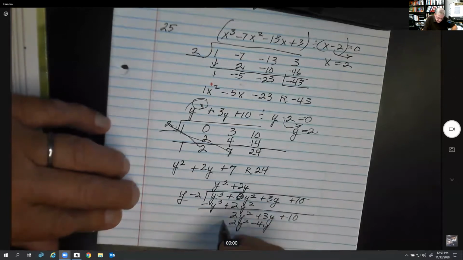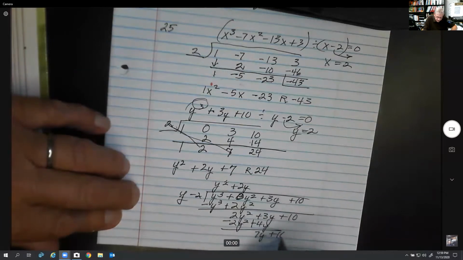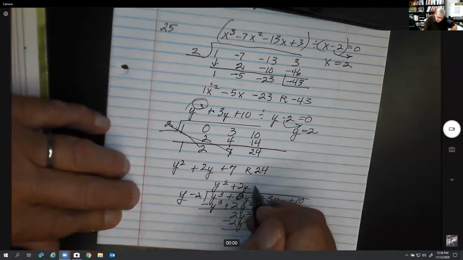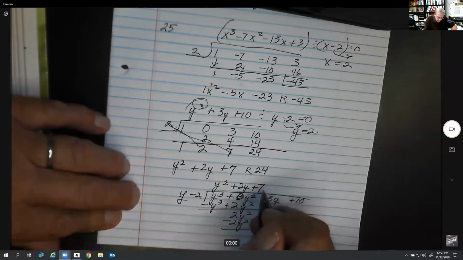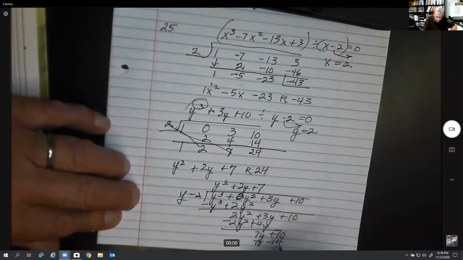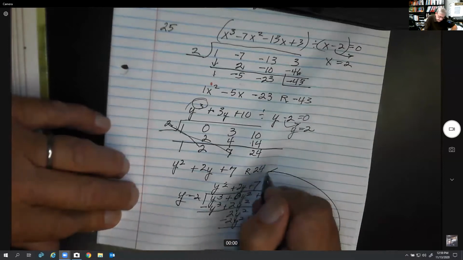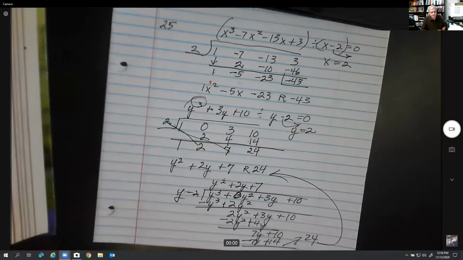Change the signs, 7y plus 10. 7 times y, 7y, minus 14. Change the signs, 24, remainder. See, it comes out the same.